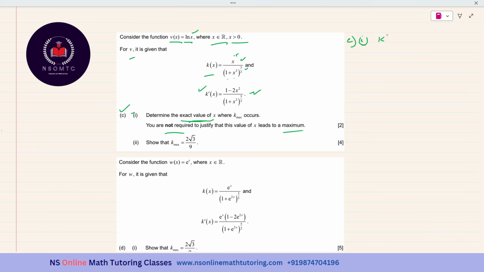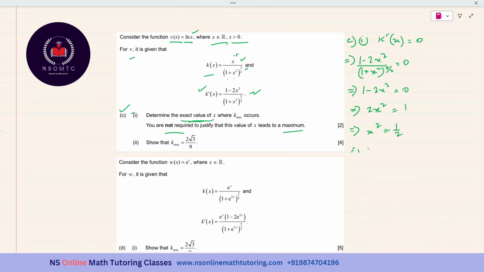So k prime of x is equal to 0 implies 1 minus 2x square over 1 plus x square raised to the power of 5 over 2 equal to 0 implies 1 minus 2x square equal to 0, or 2x square is equal to 1 and x square is equal to half.